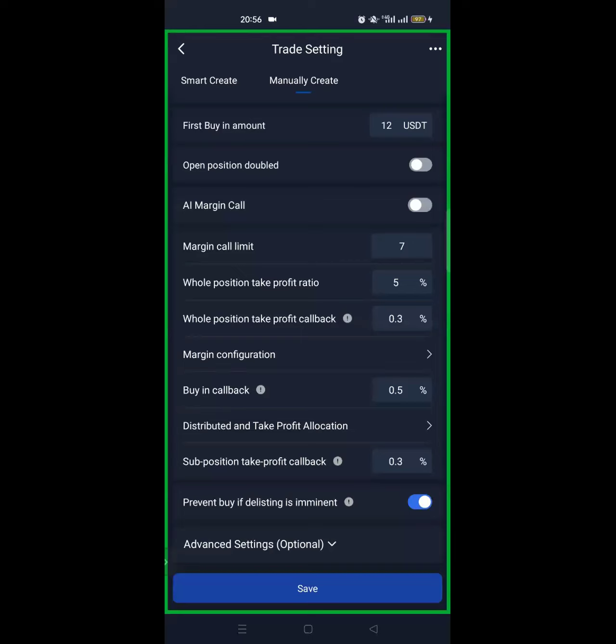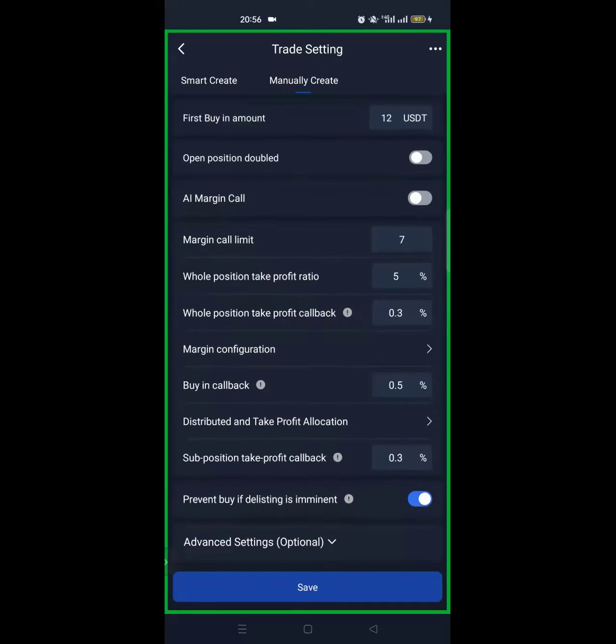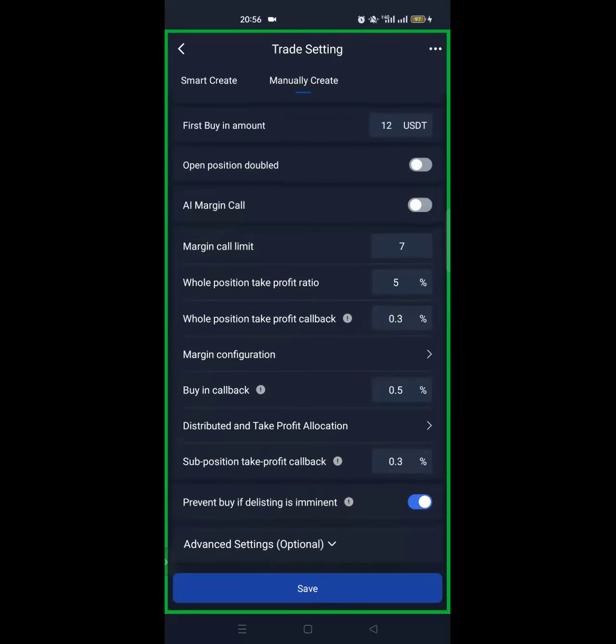So if you see that your return rate is plus 3% and it has not sold, you can't be asking, why has my trade not sold? It's because my take profit is 5. It hasn't gotten to 5 yet. It's still at plus 3. So it has to get to plus 5 before there is any sell, and it's going to sell and close the trade.